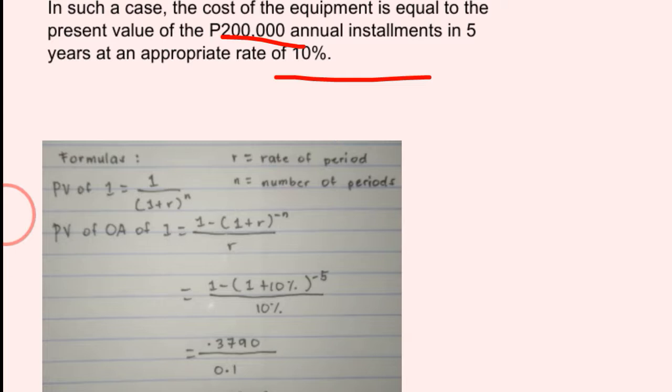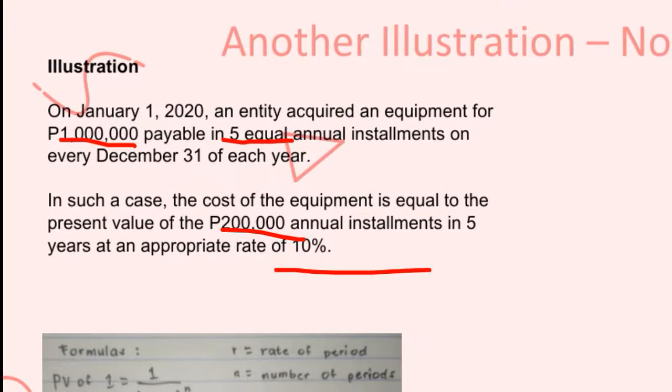The PV of an ordinary annuity of 1 is the equation we use if the payment is in series, on an installment basis, like every year end. In our problem, this is an annual installment.